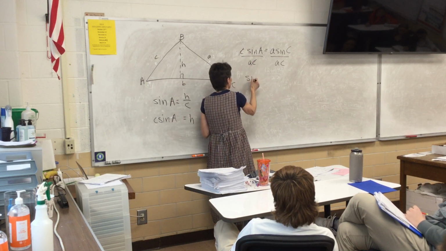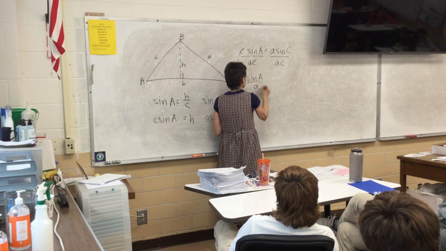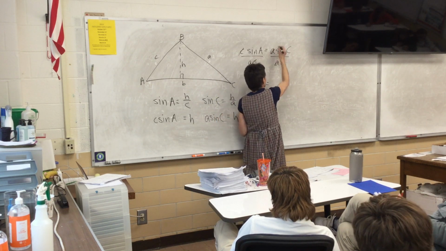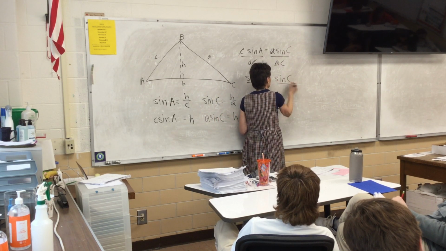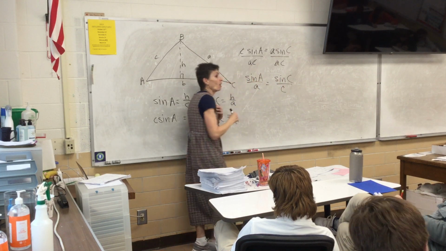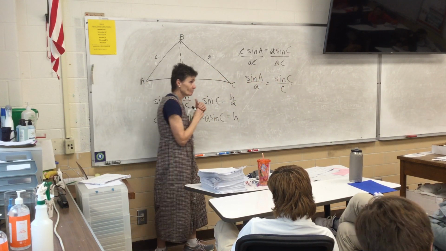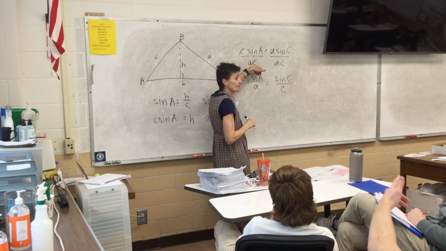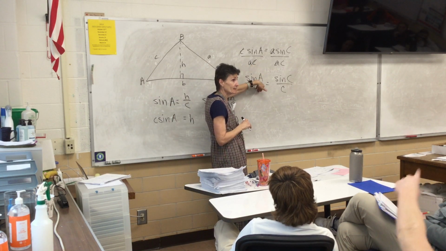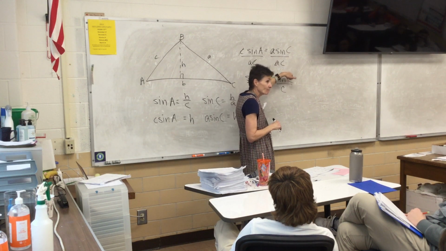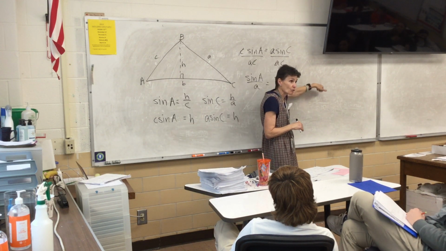The C's cancel with sine A over A, and the A's cancel, and I'm left with sine A over A equals sine C over C. This is the law of sines. The law of sines tells us that the ratio of the sine of an angle to its side is the same for every angle and side in the triangle.